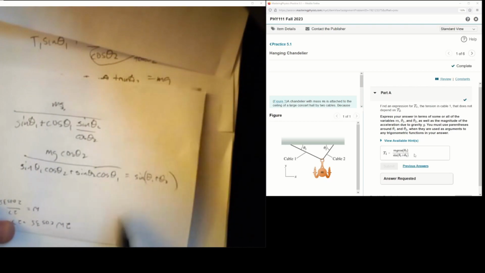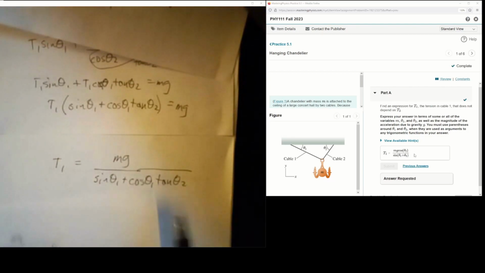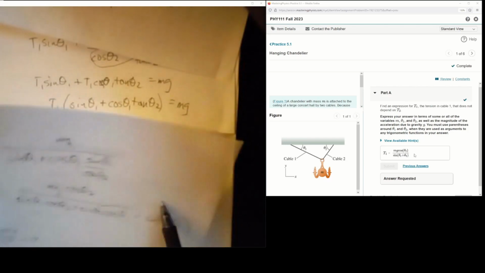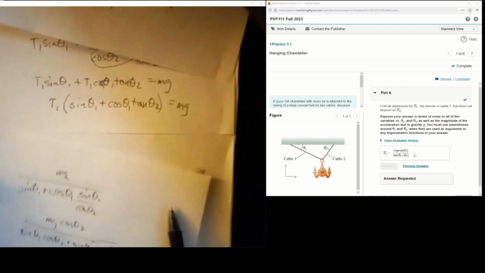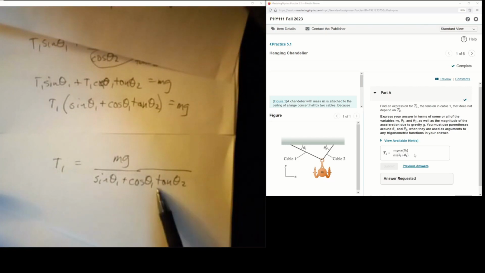I didn't think they'd be using an identity. So on the test, I will absolutely accept something like this, as that is a right answer. And I'll admit, this other one looks nicer, a little bit more compact, but this is still also equally a correct answer.